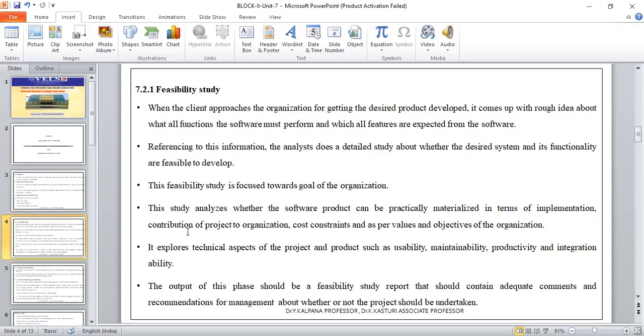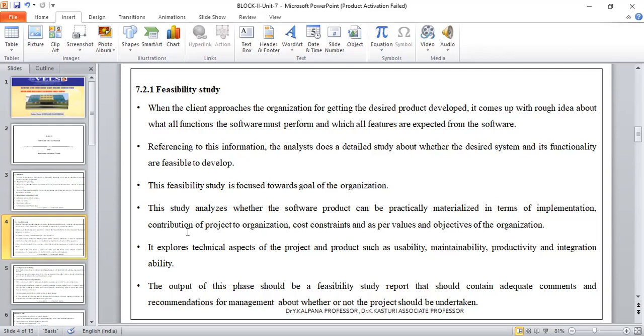This study analyzes whether the software product can be practically materialized in terms of implementation, contribution of the project to the organization, cost constraint, and as per values and objectives.